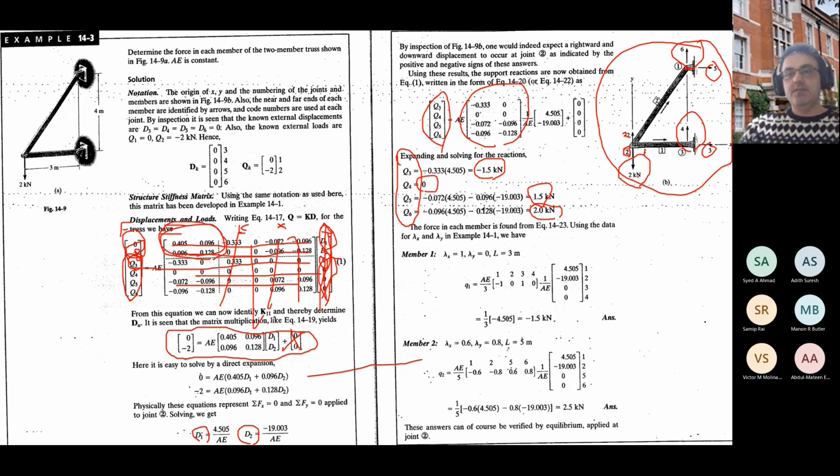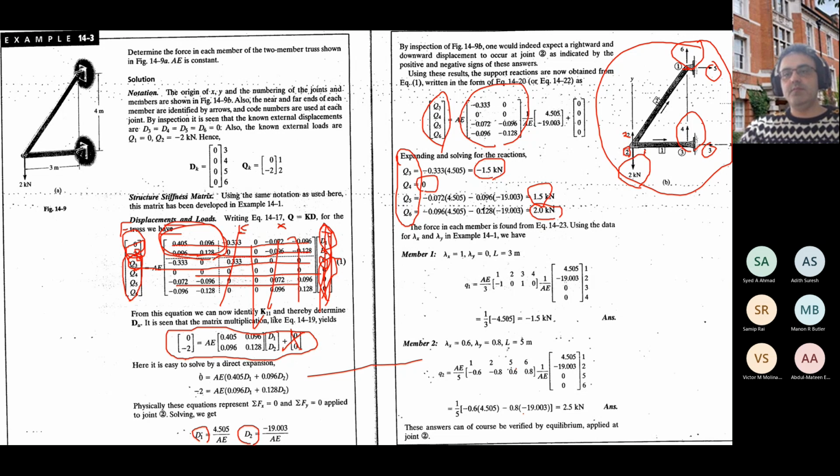You can do the same for summation of M equal to 0, and you will see, for example, if you do that through the point, node number 1, forces number 6, 5, and 4 will cross this node number 1. They are out of the game.